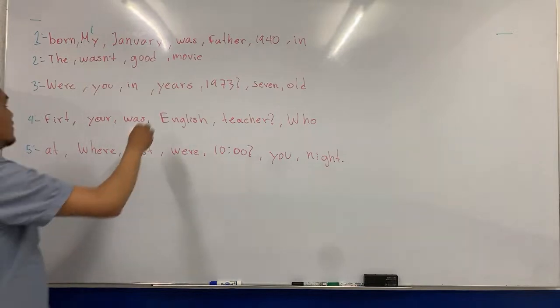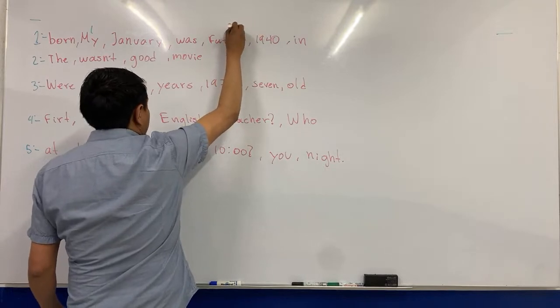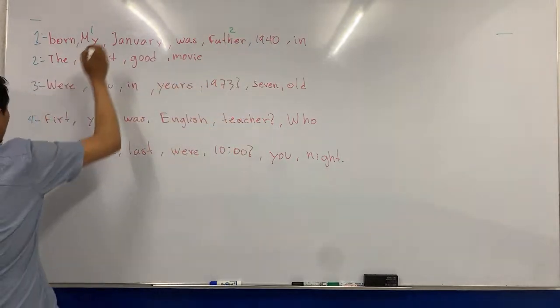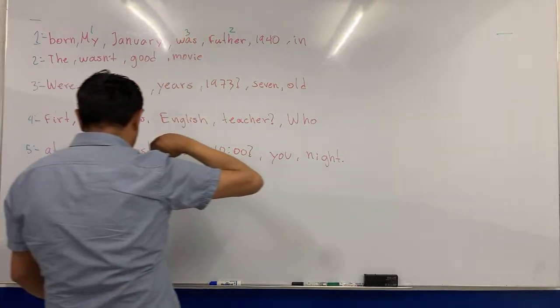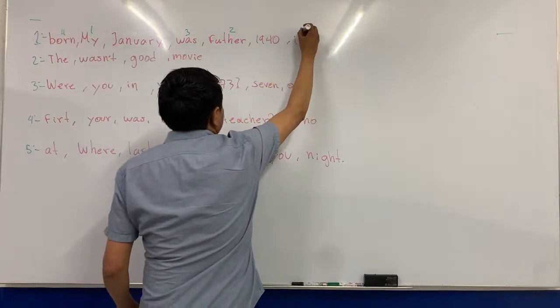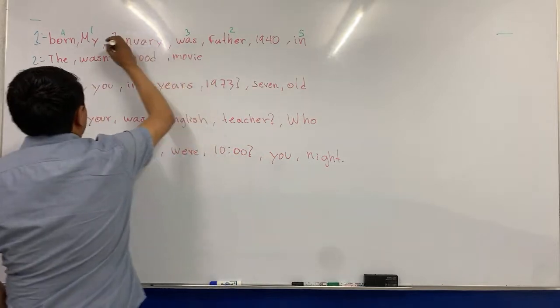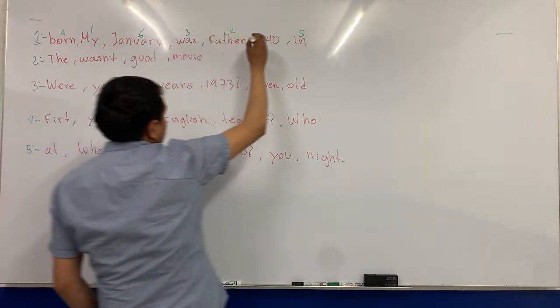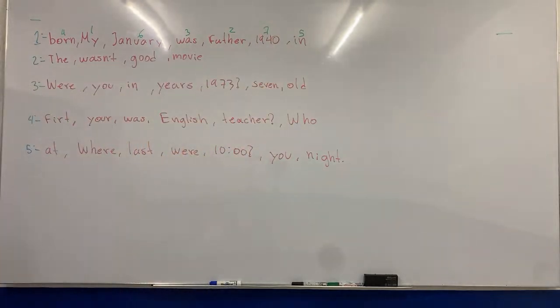The second, father. Third, was, remember the structure, was born in, right? Born in January 1914. And check. My father was born in January 1914.